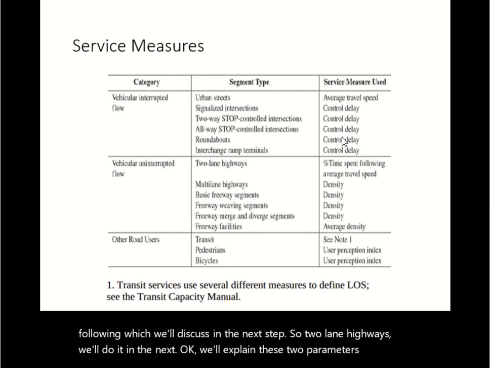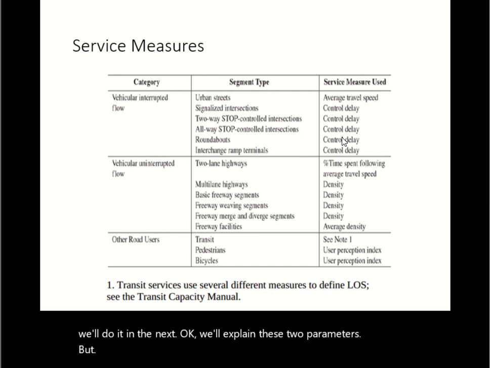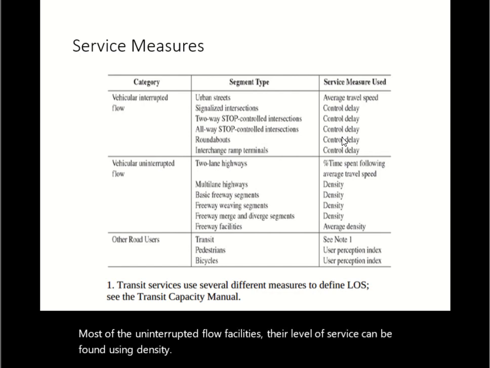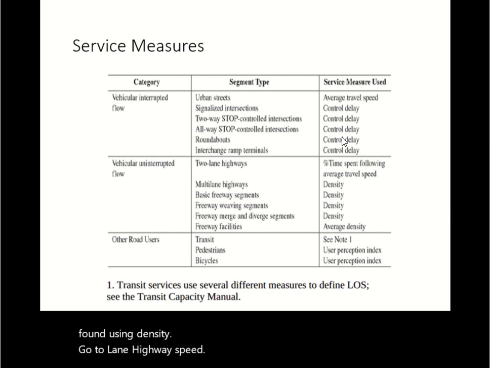But most of the uninterrupted flow facilities, their level of service can be found using density. For two-lane highways, speed and time. For interrupted flow facilities, now, interrupted means what? Intersections.